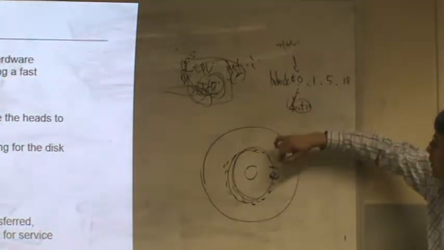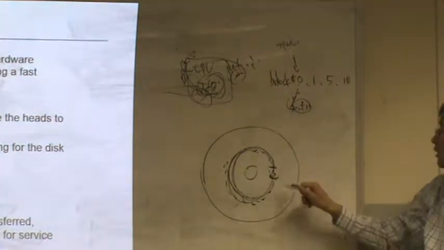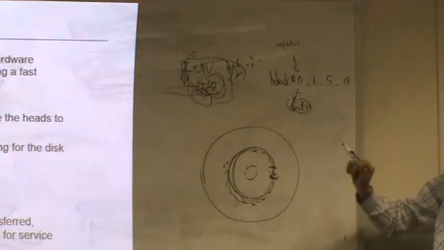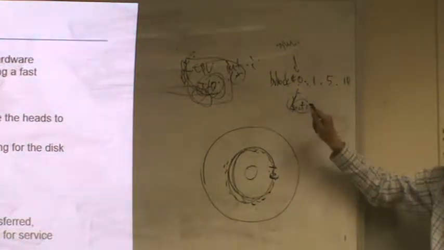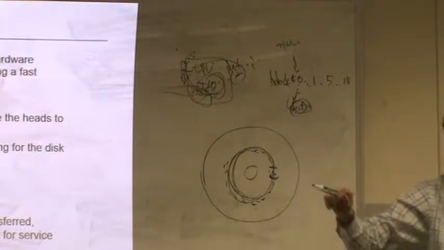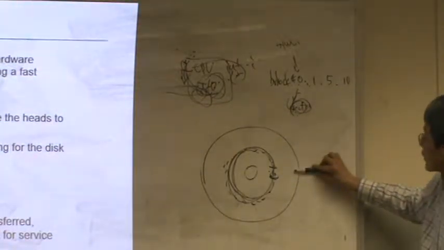This sector number consists of the track as well as the block ID number. Does it make sense? Block ID number, sector number and the track number. Then how can you find the data? You have the disk head.